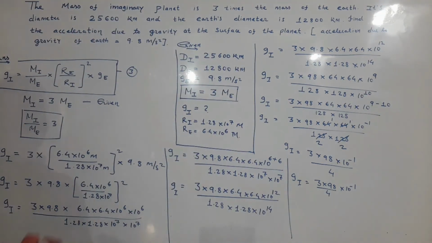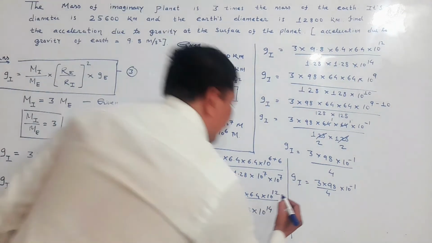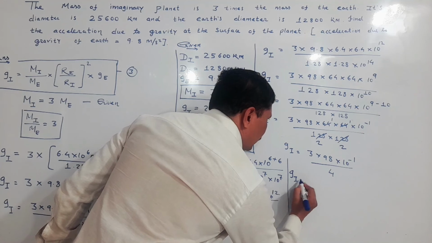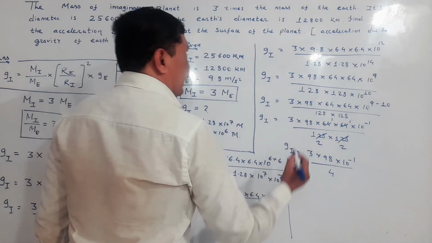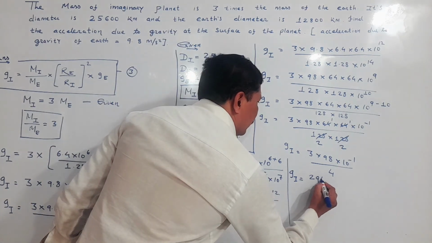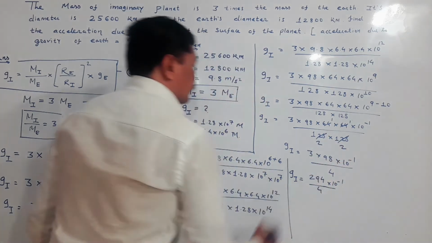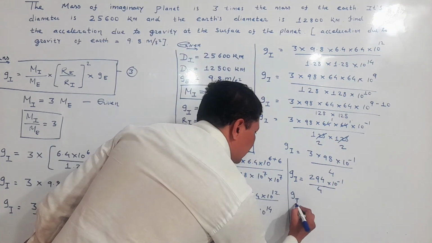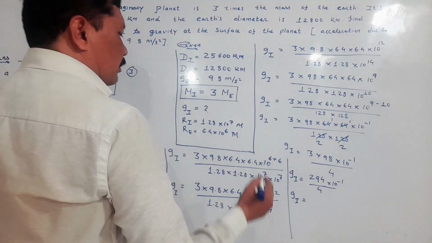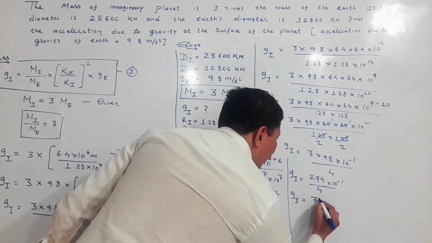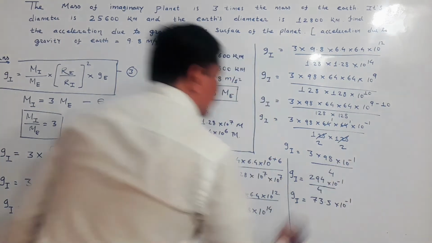Now my dear student, here if we multiply 3 into 98, we will get 294 upon 4 into 10 to the power minus 1. So we can write Gi is equal to 294 divided by 4, we will get 73.5 into 10 to the power minus 1.